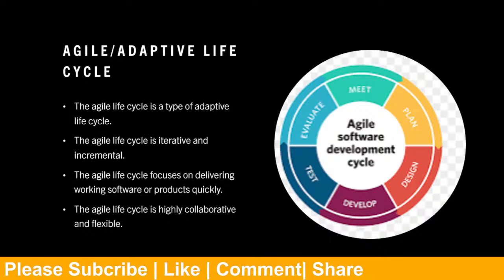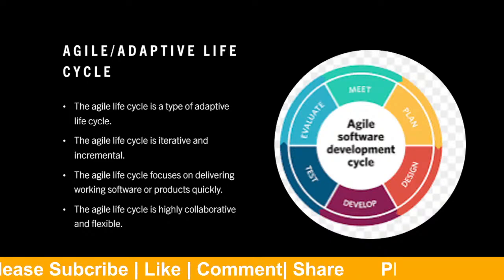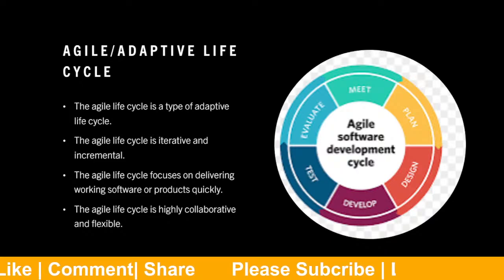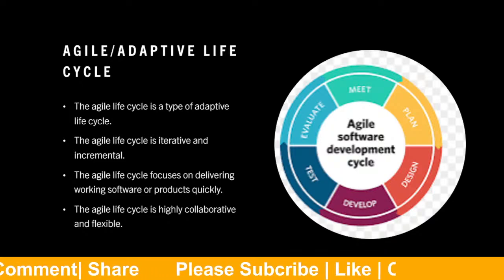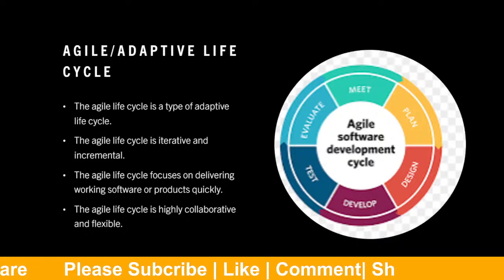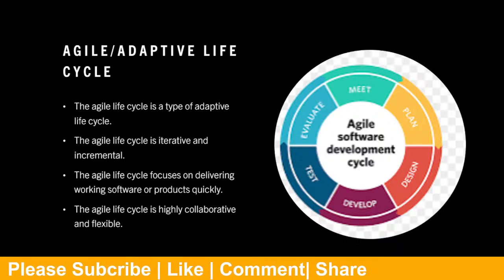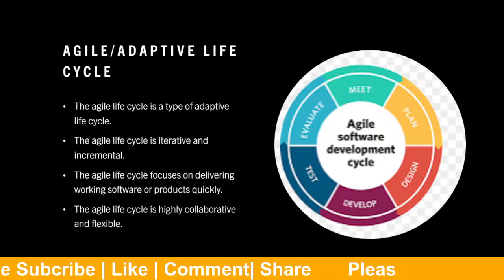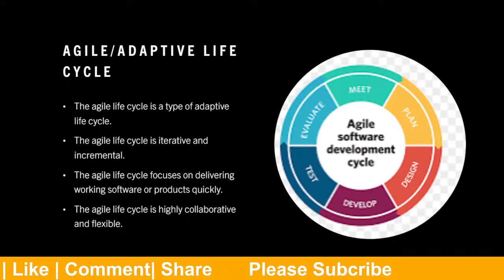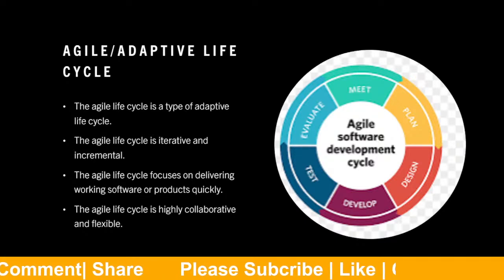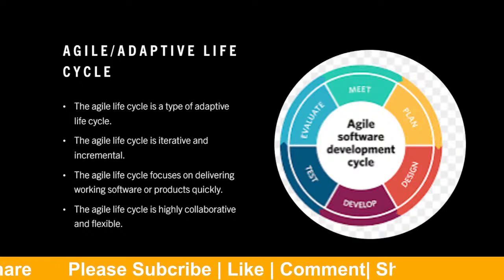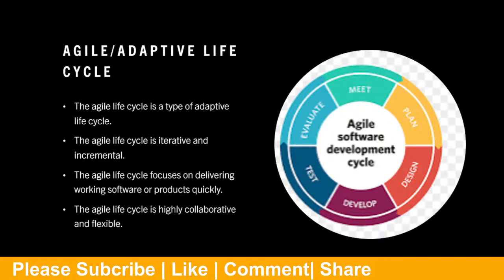Then we have what we call adaptive life cycle or agile life cycle. Agile life cycle is a type of adaptive life cycle. When they talk about adaptive, they are saying something is adaptive, it is flexible, it changes. And agile life cycle focuses on delivering working software or product quickly.